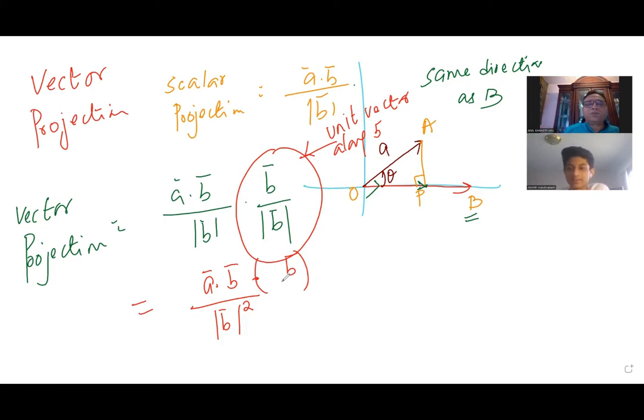When you find the dot product, you have a scalar quantity, and the scalar projection gives you a scalar, which you then multiply with a unit vector along B. So what is B squared? B squared is B dot B, right? So you could also write this as B dot B.